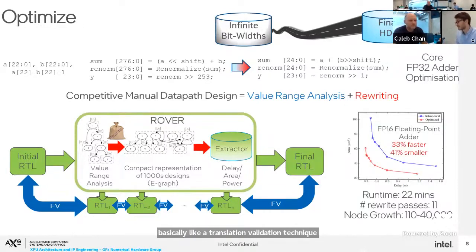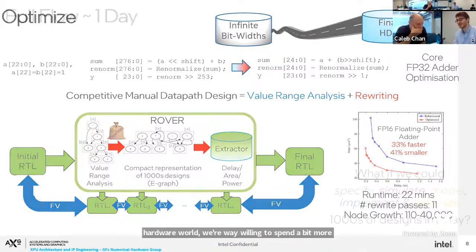And it kind of works, which is nice. So we see that it can take a simple floating point adder-subtractor design and generate something that is 33% faster and 41% smaller. In a relatively large amount of time, because this is more towards superoptimization, but in the hardware world, we're willing to spend a bit more time on superoptimization.